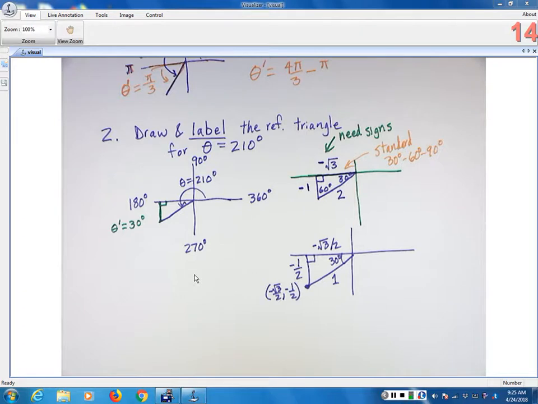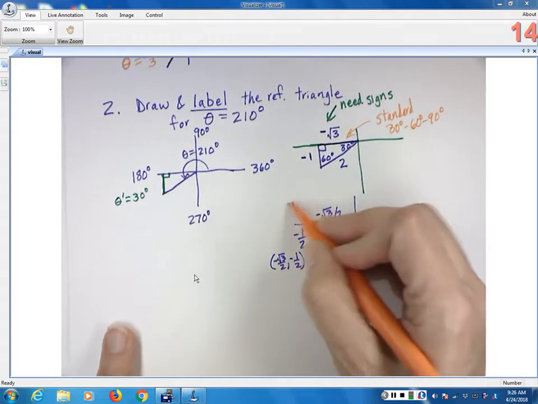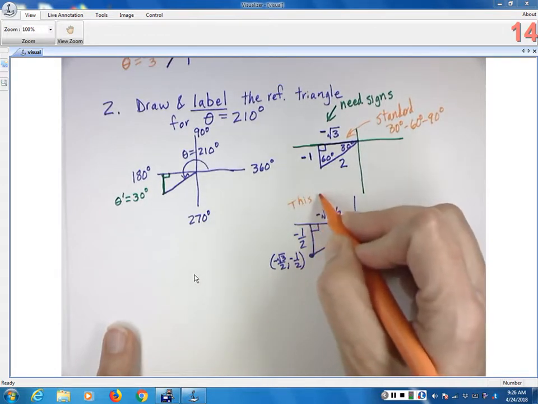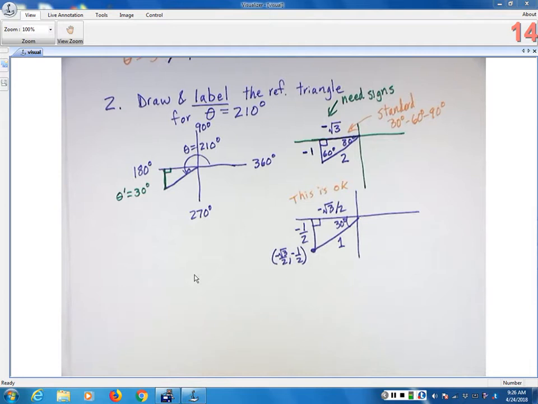It makes the calculation a little harder to have that over 2. I didn't take off on any of the tests if you drew it this way, it's okay. It's not the standard 30, 60, 90, but it's okay if you draw it that way. You still get the same answers. Okay? All right.